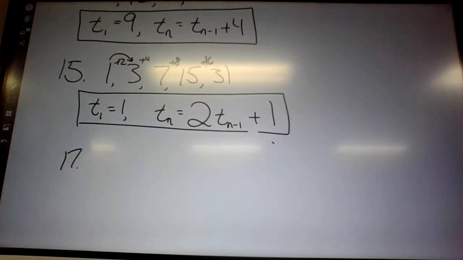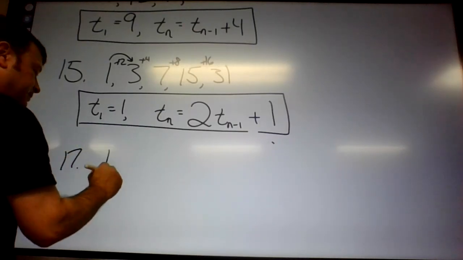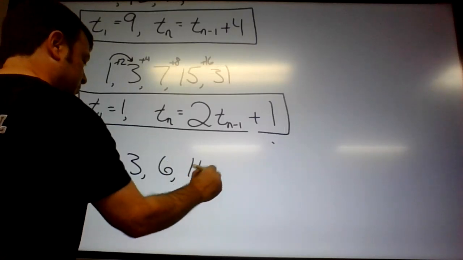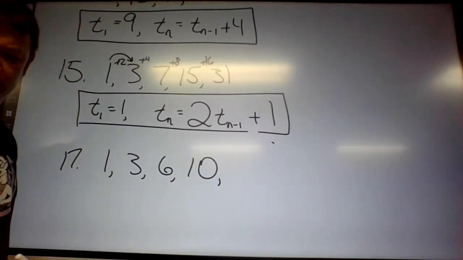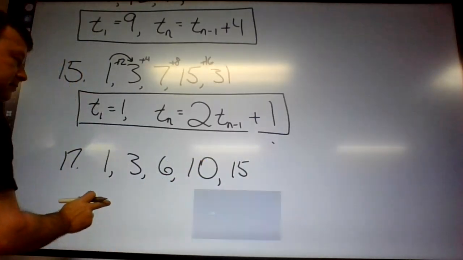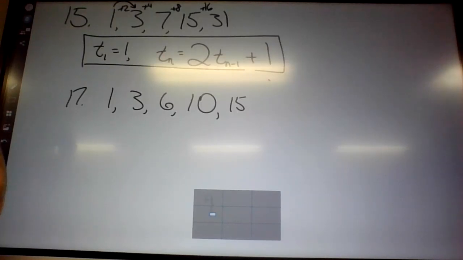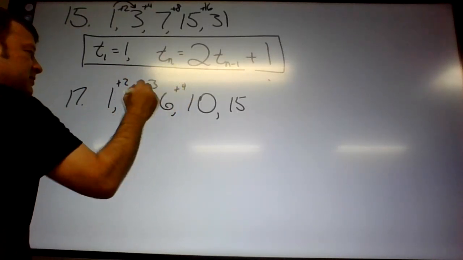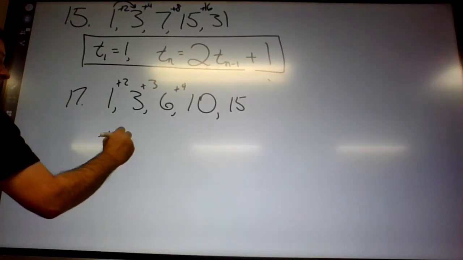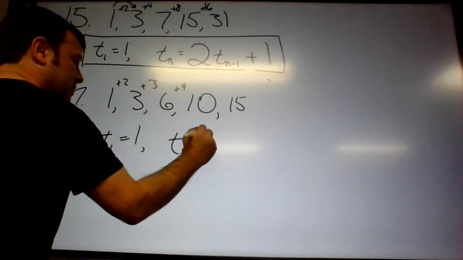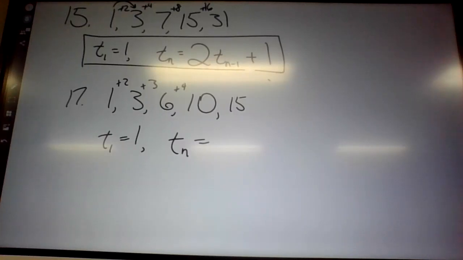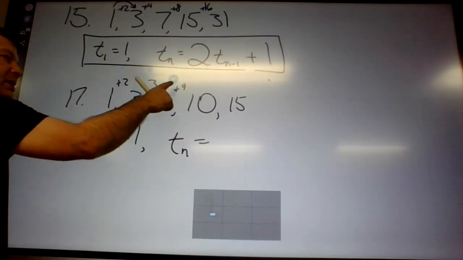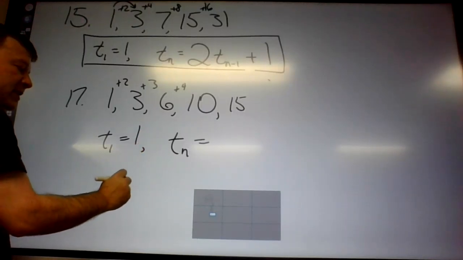Okay, 17. 1, 3, 6, 10, 15. Yeah, plus 2, plus 3, plus 4. Okay, so if we want to add a number that's incrementally increasing, then we want to use a plus n value.